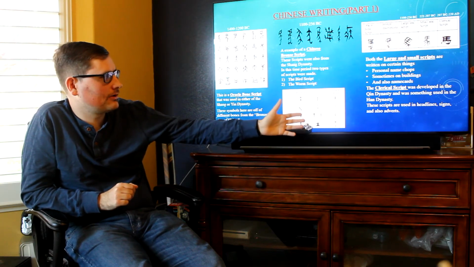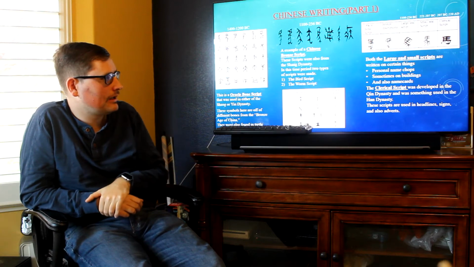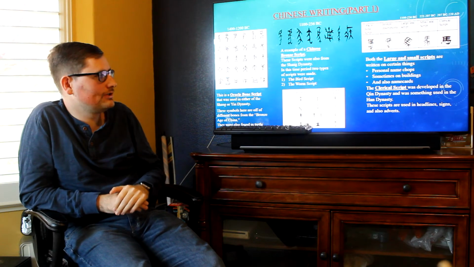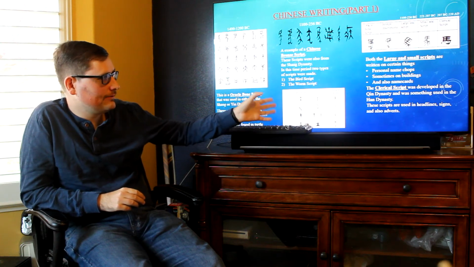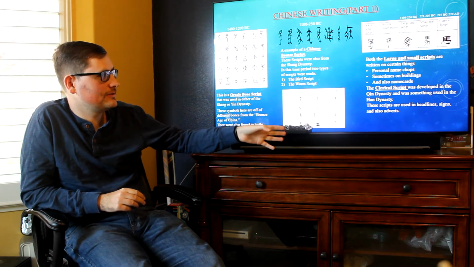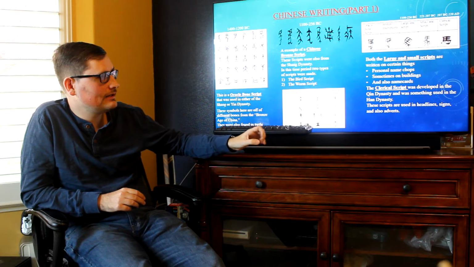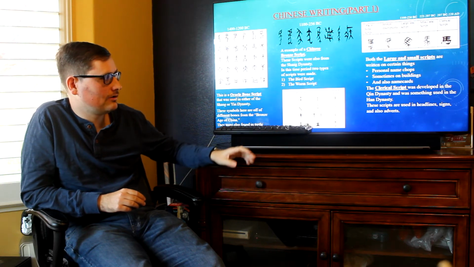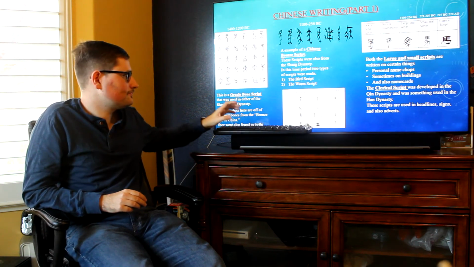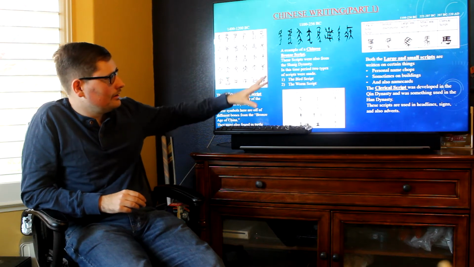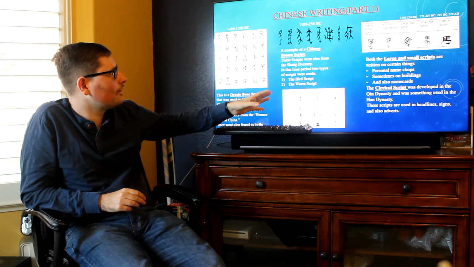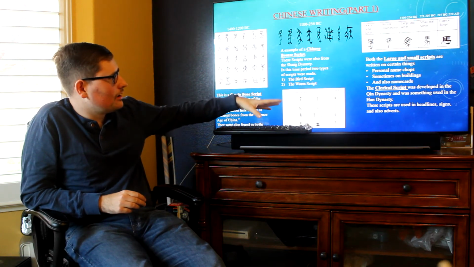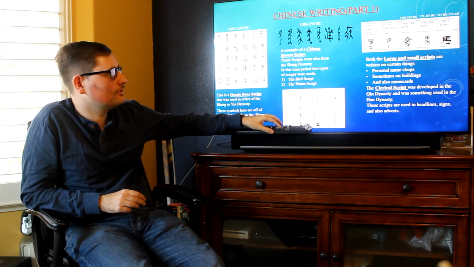That was from the Qin dynasty, and it was also used in the Han dynasty. While their use was different compared to the large and small scripts, they were used for headlines, signs, and also adverts. And this whole slide has pictures really showing the evolution of these scripts.